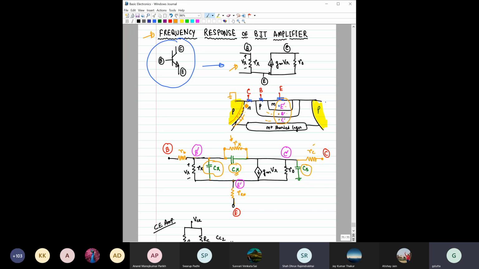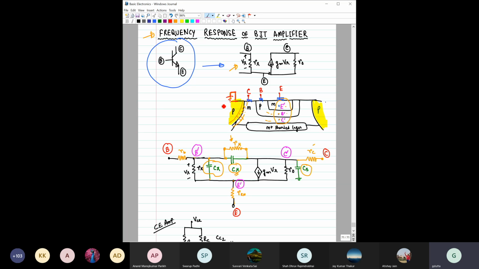CS. Okay. So CS is basically the capacitance of this PN junction, which is reverse biased. How do we reverse bias it? In the collector we apply a positive bias, and you ground this P terminal in the P region.